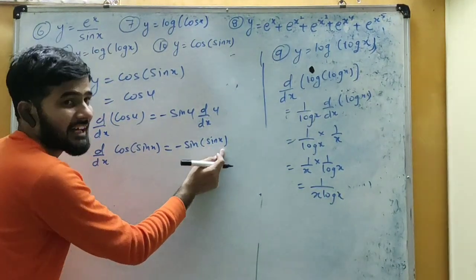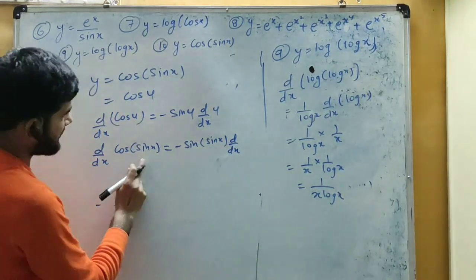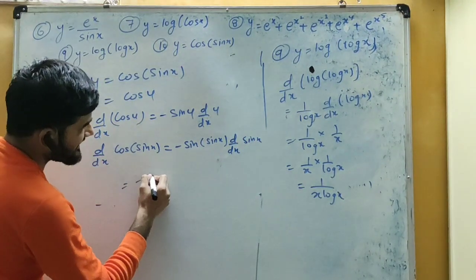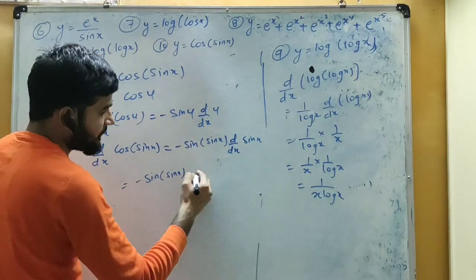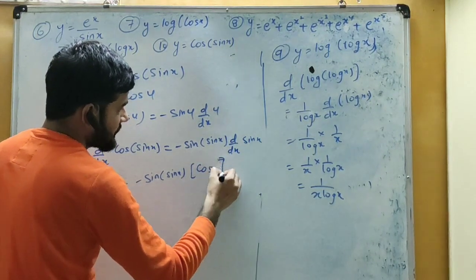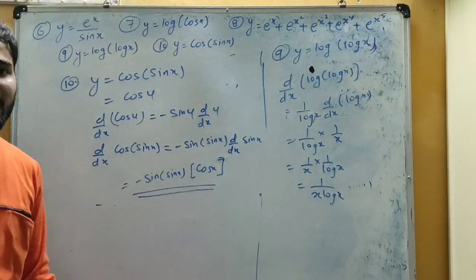Wherever you write sin theta, here that theta is sin x. Now we have to differentiate this sin x again. So we can write it as minus sin of sin x times d by dx of sin x. Differentiation of sin x is cos x. So this is the differentiation of y equals cos of sin x.